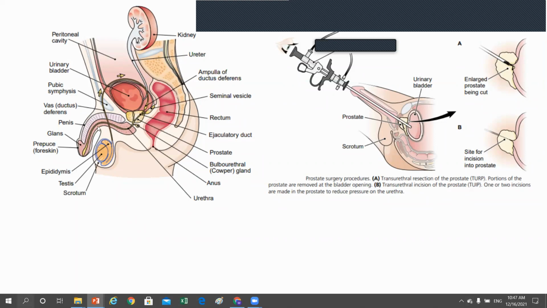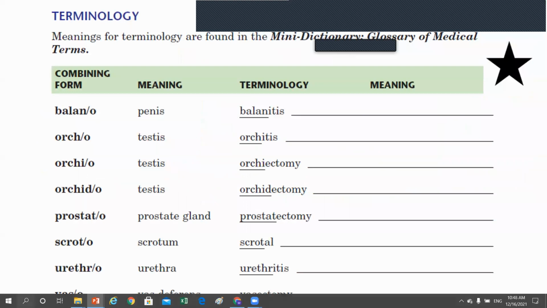So the penile organ and the testes enclosed in the scrotum are the external organs. Inside our body, the male system has the glands, seminal vesicle and prostate, and this whole ejaculatory system of ducts and tubes for the passage of the sperm. So we will be using these terms.